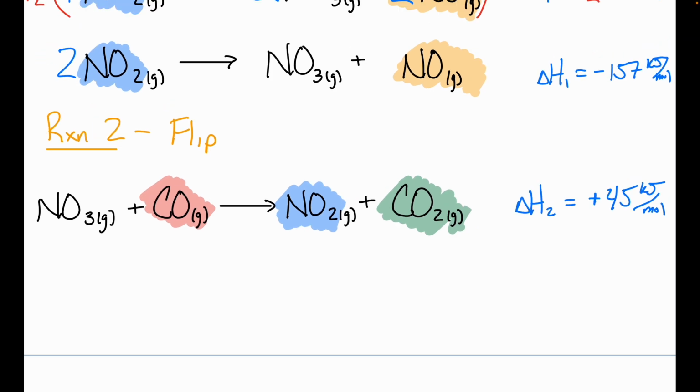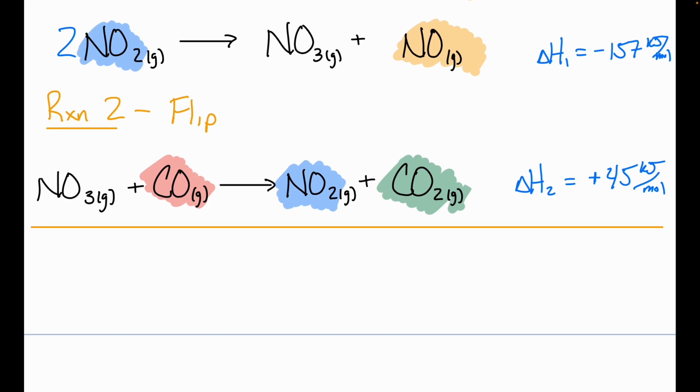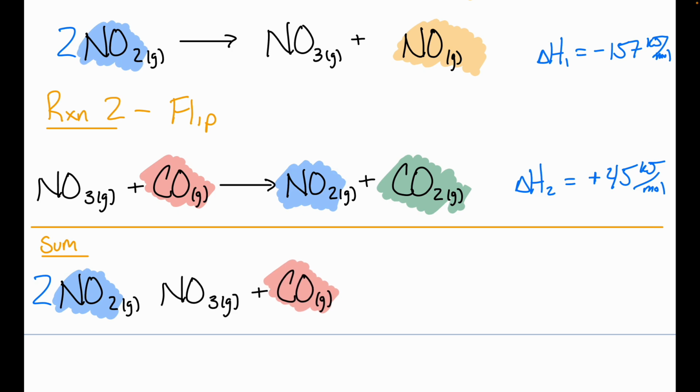So now let's take our two reactions and sum them up. Combine all the reactants into one new chemical equation. Those two nitrogen dioxides, the nitrogen trioxide and the carbon monoxide. Then I'm going to combine all my products.